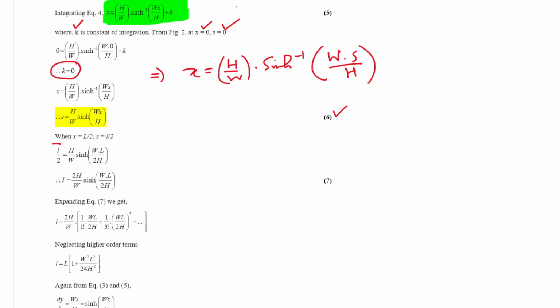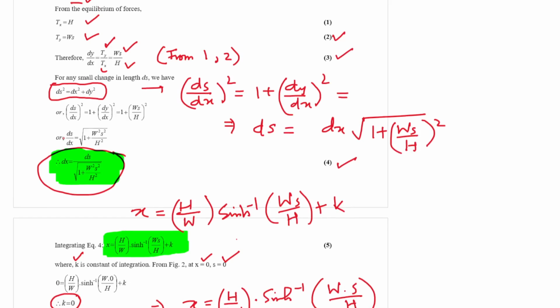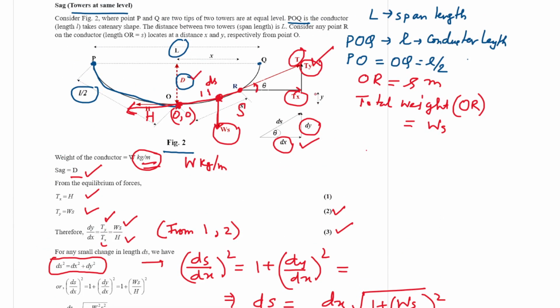Now again we are putting x equal to L by 2, s is equal to L by 2. That means at this point, at Q, we have x is equal to L by 2. If we measure from here, this length is capital L by 2, and conductor length is small l by 2. So at Q, x is equal to capital L by 2 and s is equal to small l by 2.